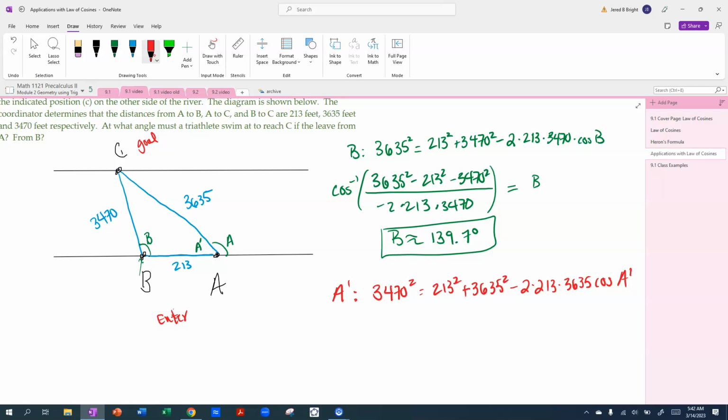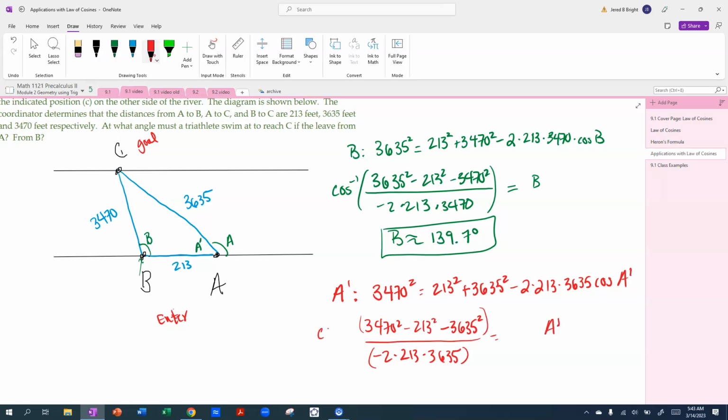Then again I would move everything over: 3470 squared minus 213 squared minus 3635 squared, and then divide all that by negative 2 times 213 times 3635. Make sure that's all in parentheses, and you should make sure the numerator is in parentheses too. Then this would be cosine of A prime.